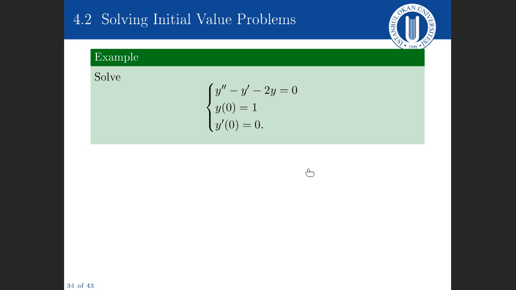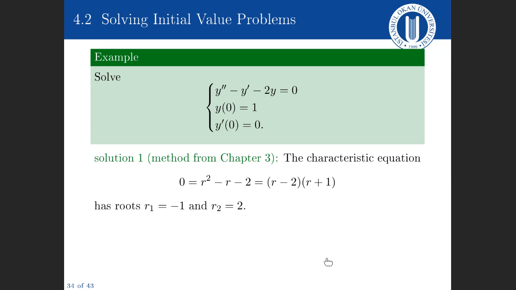Now, solve y double prime minus y prime minus 2y equals 0 with the initial conditions y of 0 is 1, y prime of 0 is 0. We know how to solve this from chapter 3. We could solve this using the characteristic equation.